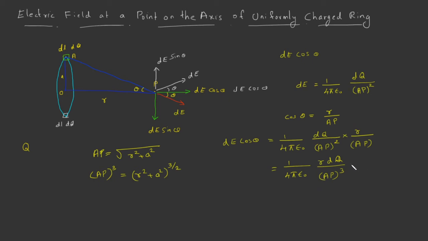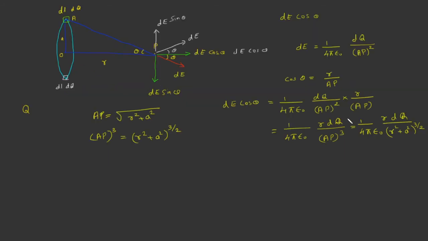So this equation can be written as 1 by 4 pi epsilon 0 R dq divided by R square plus A square the whole raised to 3 by 2. So we got dE cos theta, the parallel component of electric field at point P due to this small charge dq, equal to 1 by 4 pi epsilon 0 R dq divided by R square plus A square the whole raised to 3 by 2.